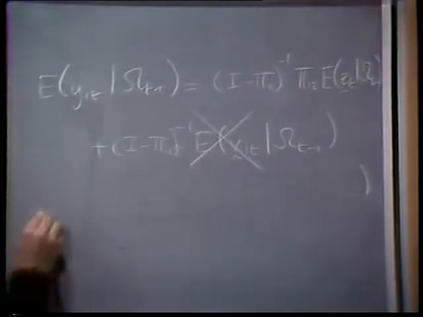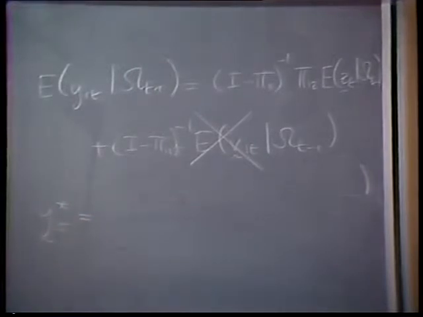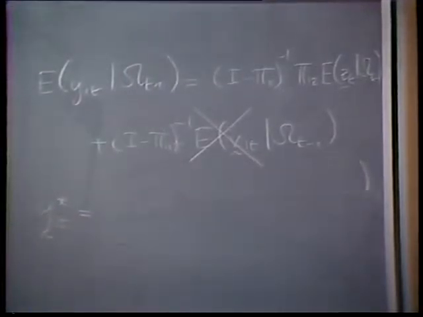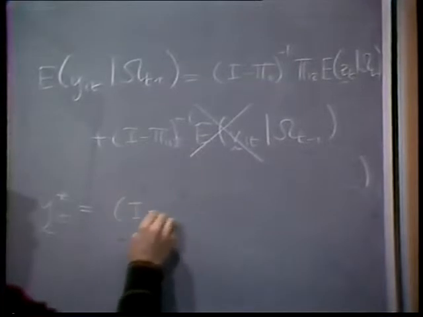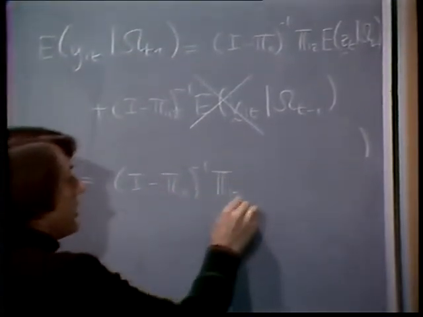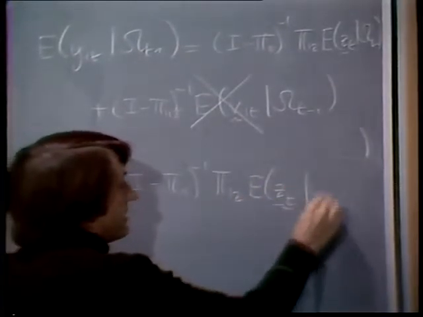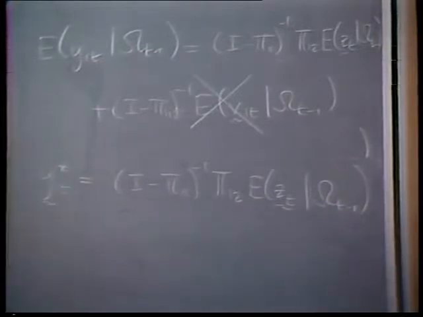And we now have that the rational expectation of y1t is in fact I minus pi 1 1 inverse pi 1 2 into the expectation of zt conditional on all information up to time t minus 1.